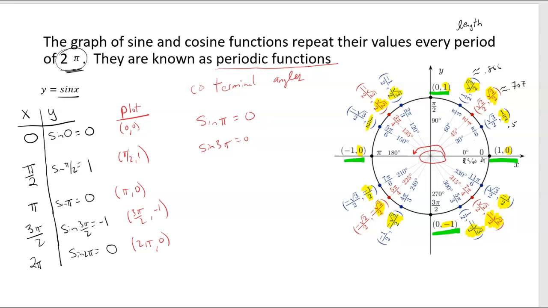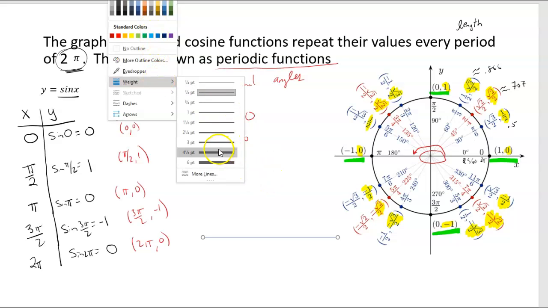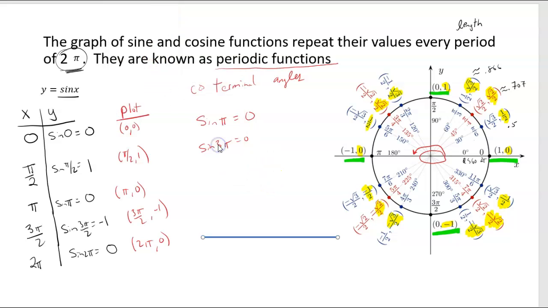So how do we actually plot these points? Okay, so let me create a makeshift graph. And let's make this a little bit thicker. Okay, then same thing, make a y-axis.